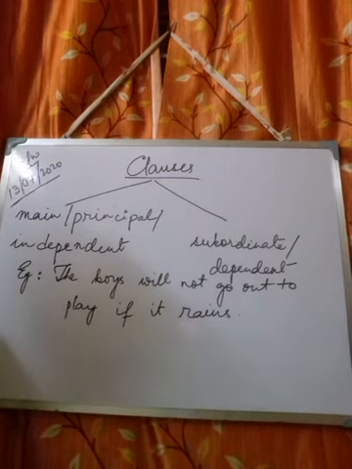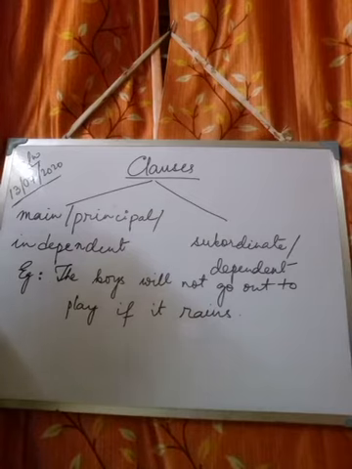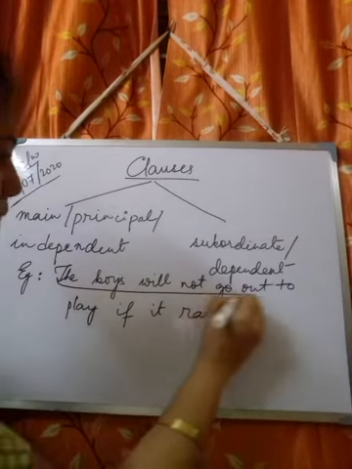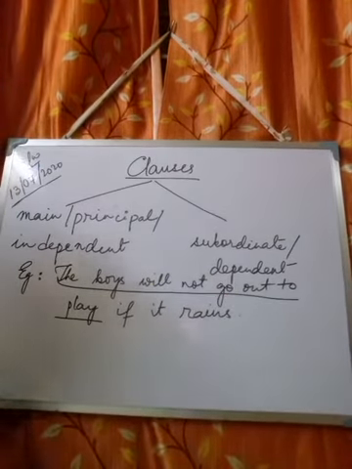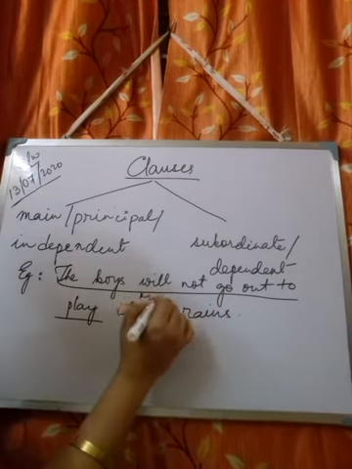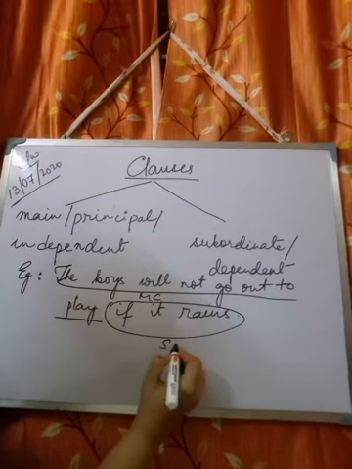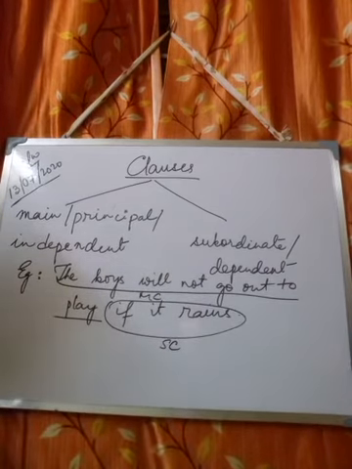This sentence clearly has a main clause and a subordinate clause. The boys will not go out to play is the main clause. If it rains is the subordinate clause.